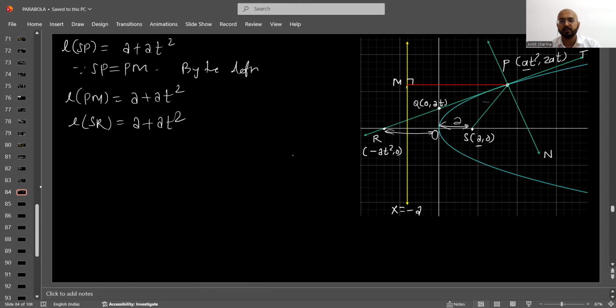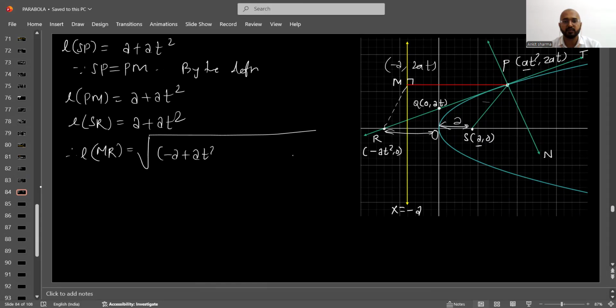Now it remains to find the MR length. The coordinates of M are x coordinate minus a and y coordinate 2at. Therefore, the length of MR we can find by using the distance formula. MR squared is (minus a plus at square) the whole square, plus (2at minus 0) square.